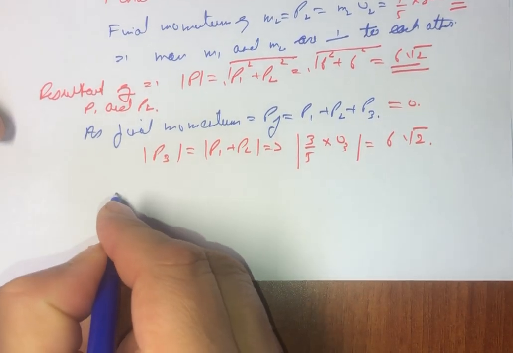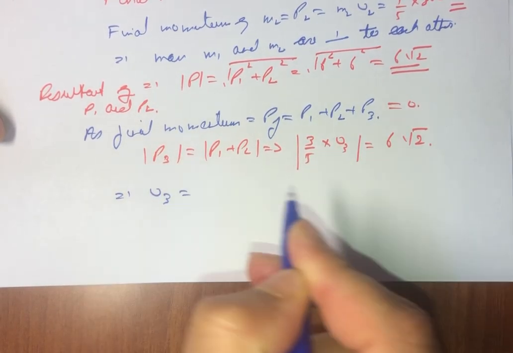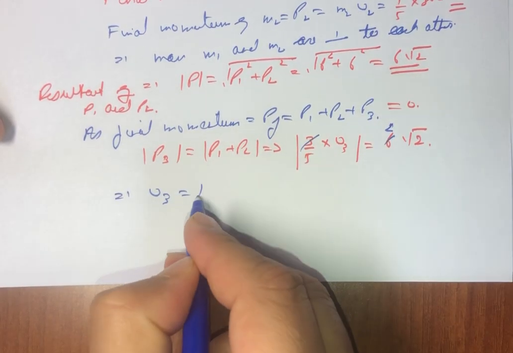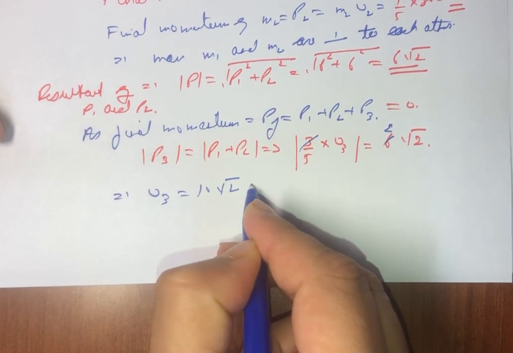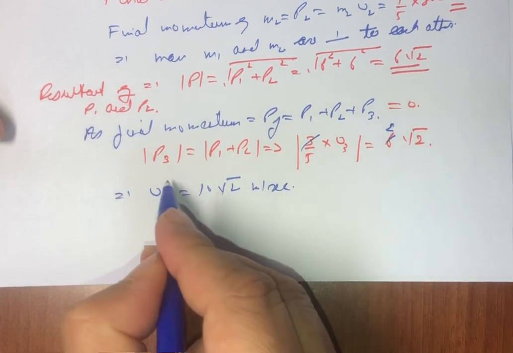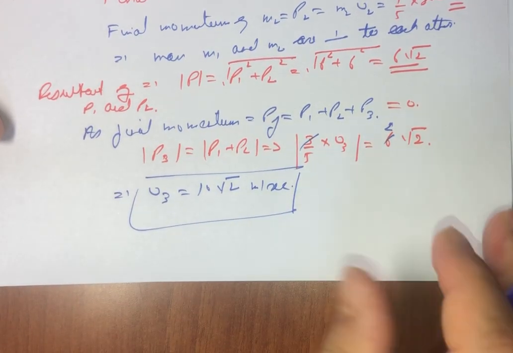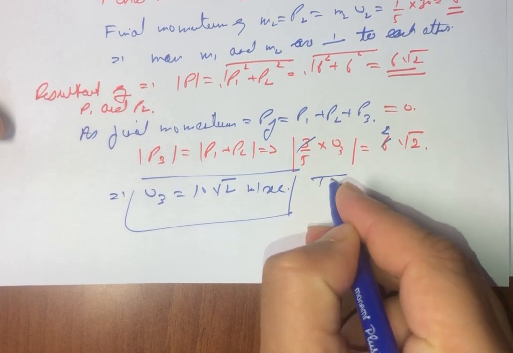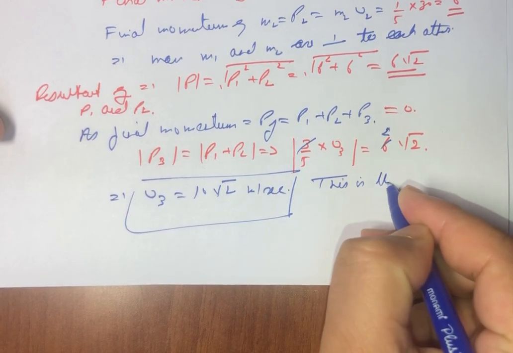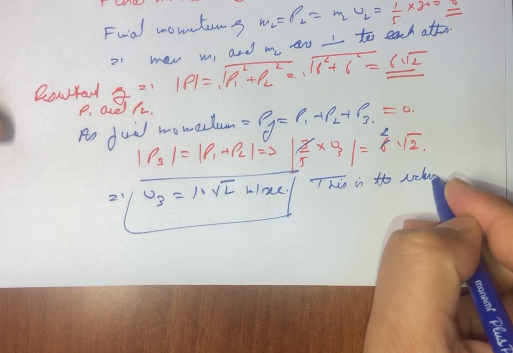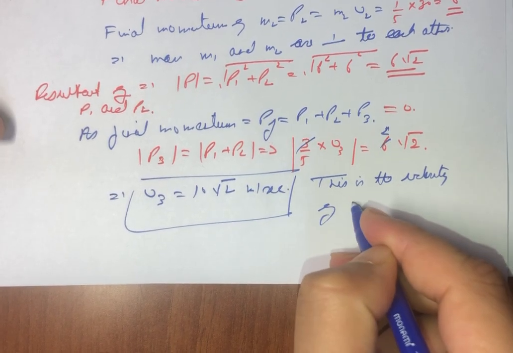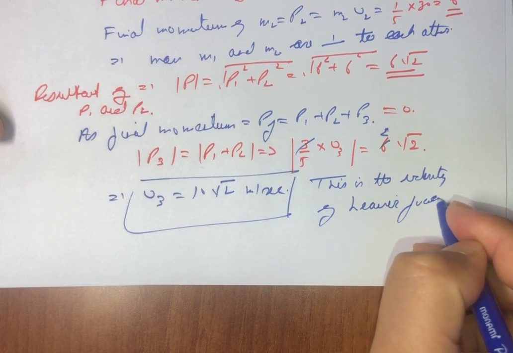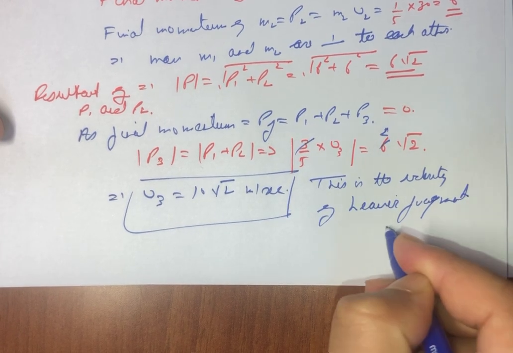So from here we can say that V3 will be equal to 6 root 2 divided by 3/5, which is 10 root 2 meters per second. So this is the velocity of the heavier fragment.